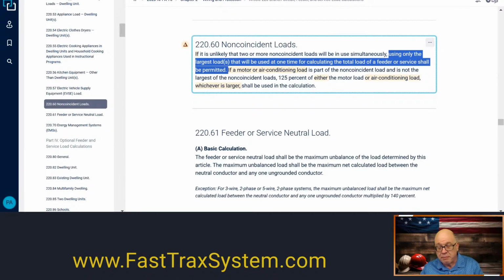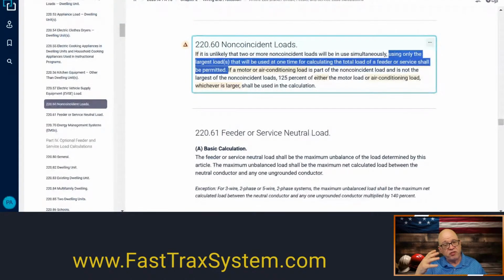Now, what does that mean? If you want to take it all and add it up and have a large service that's unnecessary, then that's up to you. You have the right to do that. But it's saying here that it's permissible to take the larger of the two non-coincident loads. If one is not likely to run while the other one is, then I can take the larger, right? Makes sense?